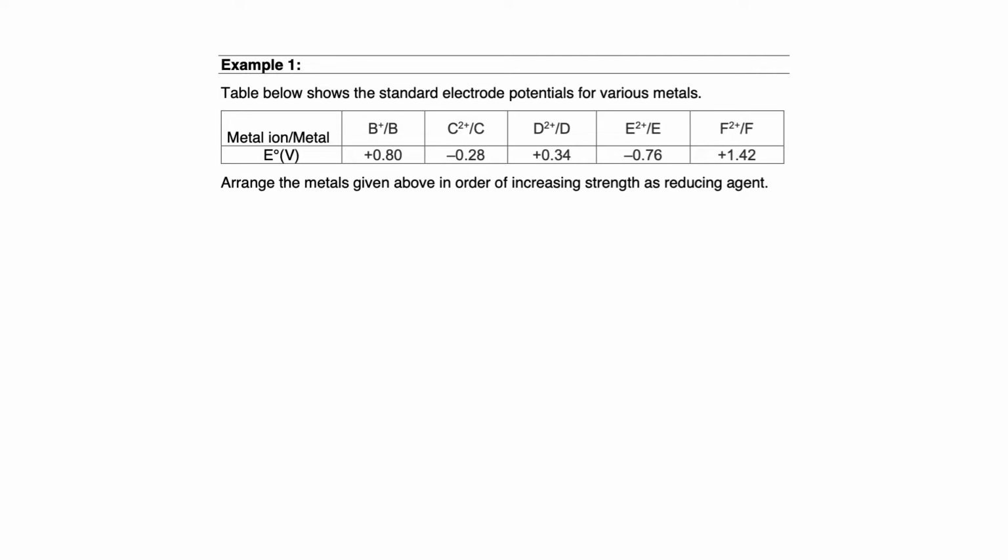Okay, before we begin, let's take a look at this. This is written by using the cell notation method. What I want you to understand is that this B+ here is the reactant and B is the product. So we write B+ to produce B, and positive ion B to produce B means it undergoes reduction.